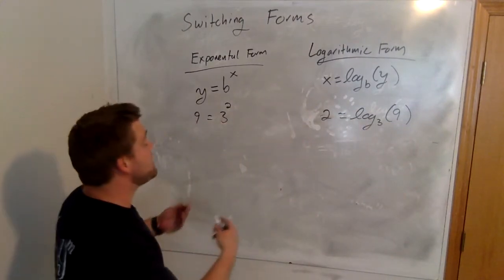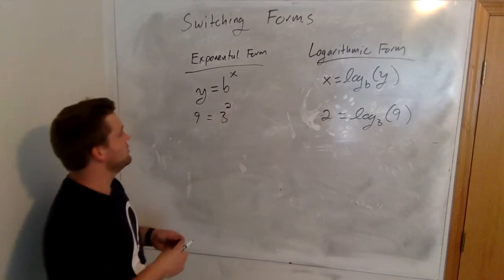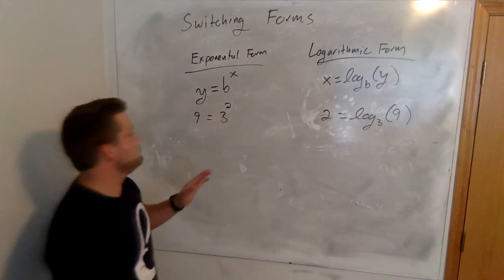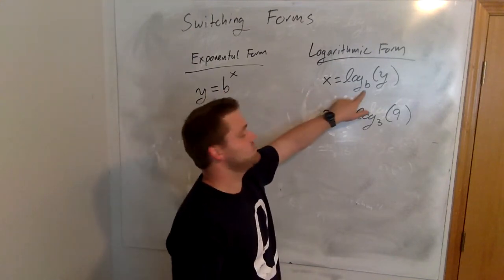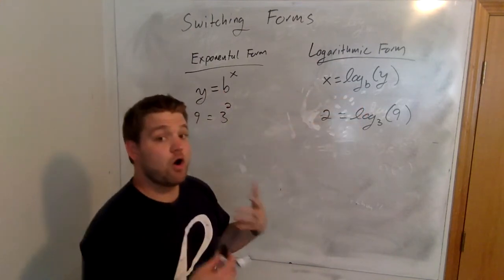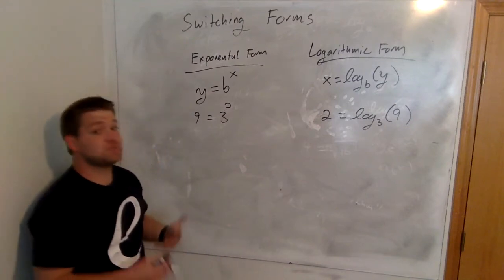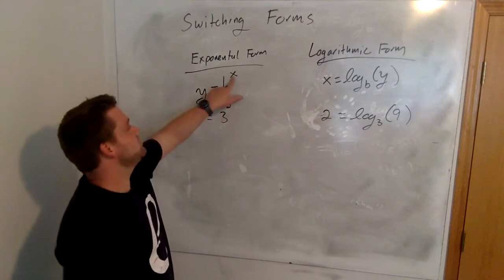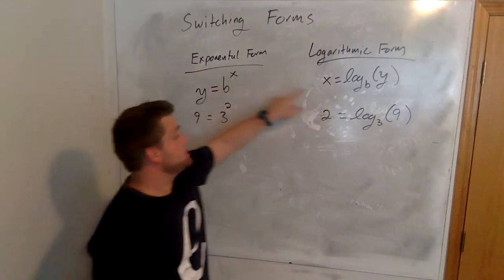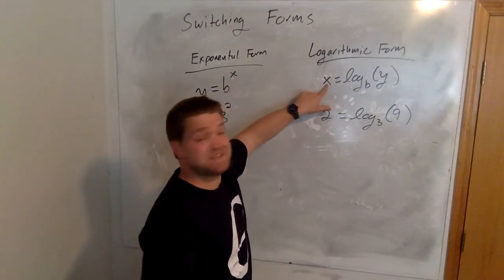Now the key thing I remember about exponentials and logarithms, what you should always pay attention to, is that the base of the exponential is the same as the base of the logarithm. Now, what are logarithms? Logarithms are exponents. So here is the x, the logarithm, the log base b, the logarithm is the exponent.